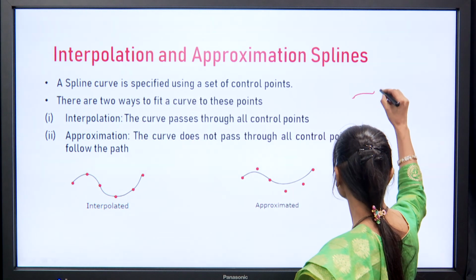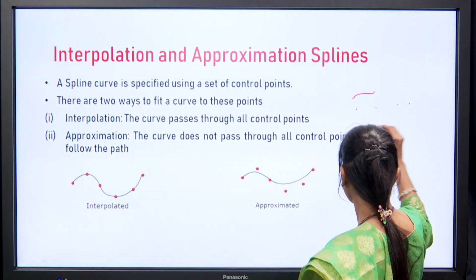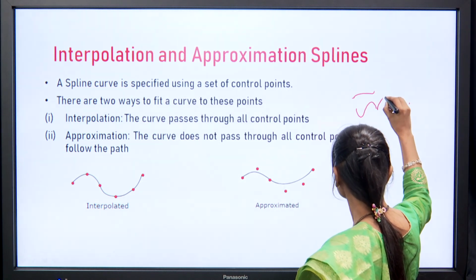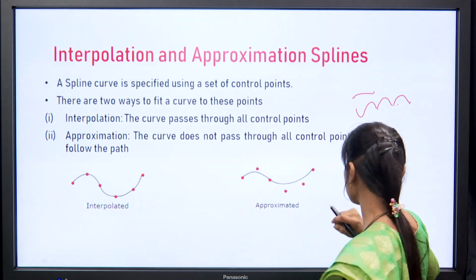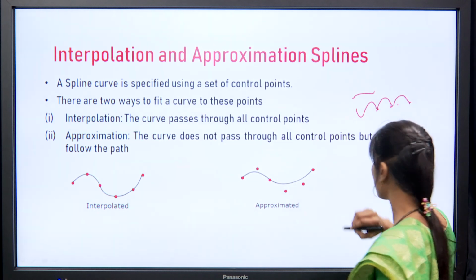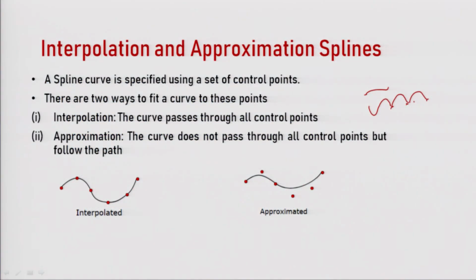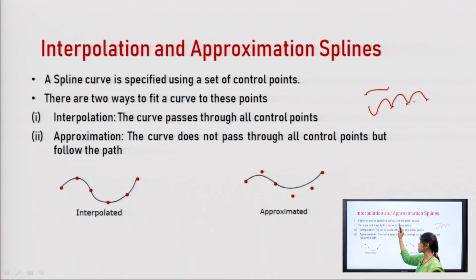Suppose these are the points, and for defining that curve you connect all these points. These are the coordinate positions which define the curve. So, a spline curve is specified using a set of control points, and a control point is nothing but a set of coordinate positions that define the general shape of the curve.